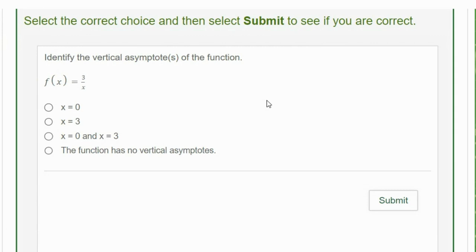So the one where you simplify it and find anything that would make the denominator 0. So what's the answer? Is it x equals 0, x equals 3, x equals 0 and x equals 3, or none? See how well you've paid attention here.